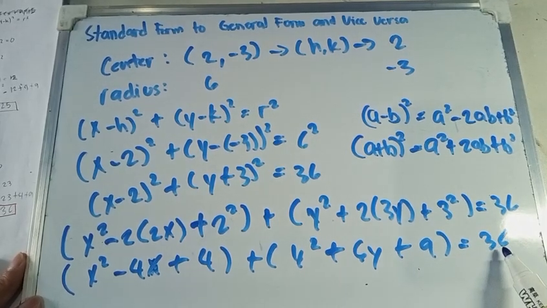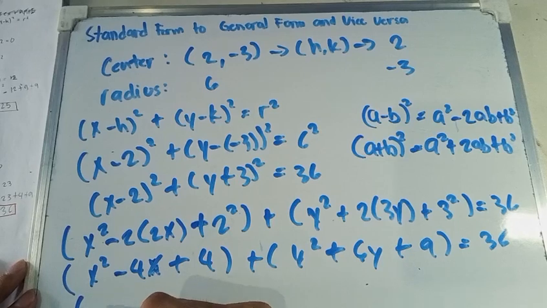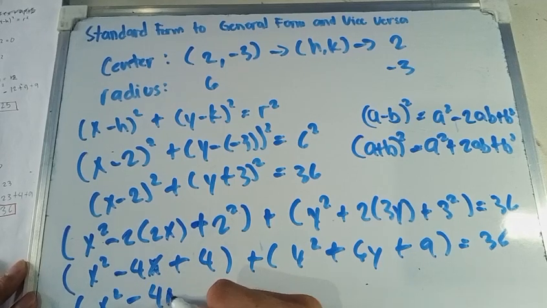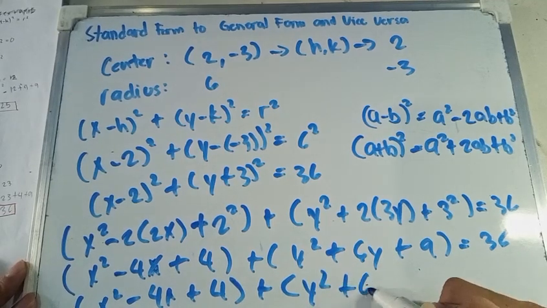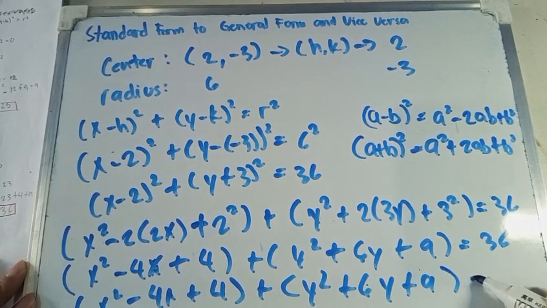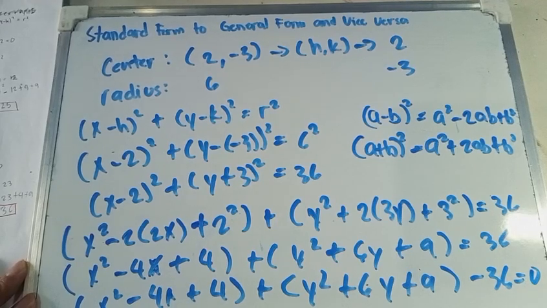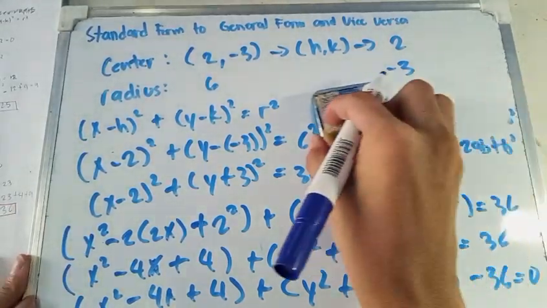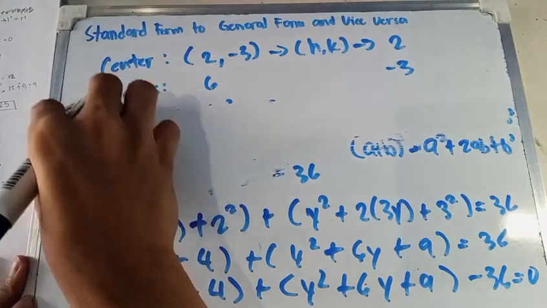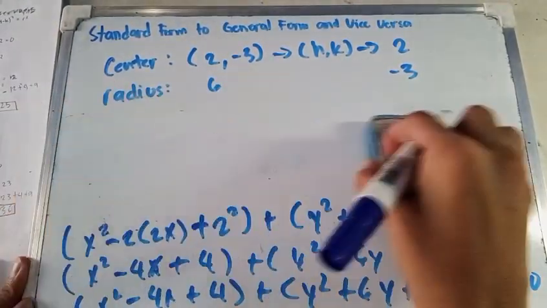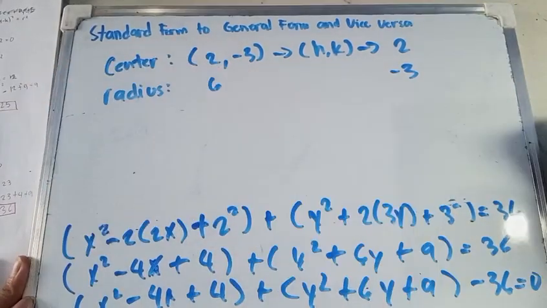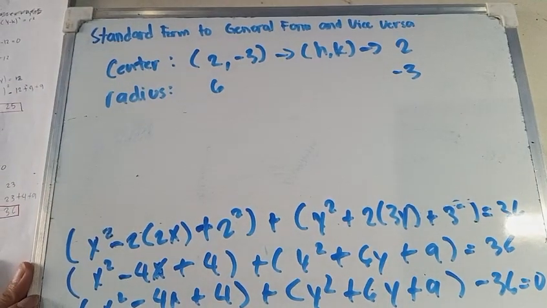Now, let's transpose 36 to the left side. Okay, and let's make some space. Now we can follow the form of general form.